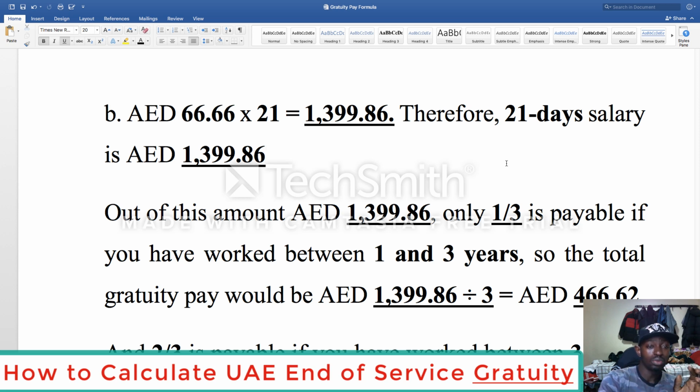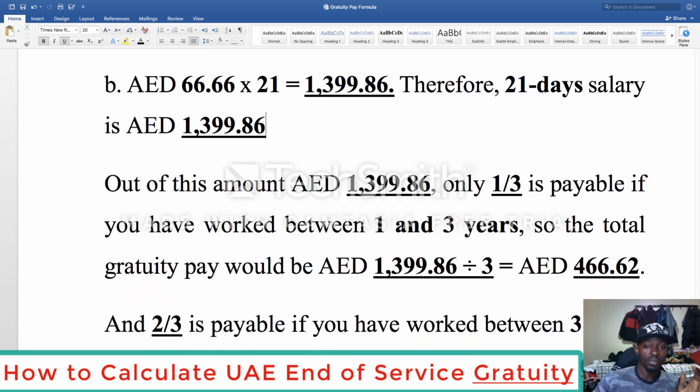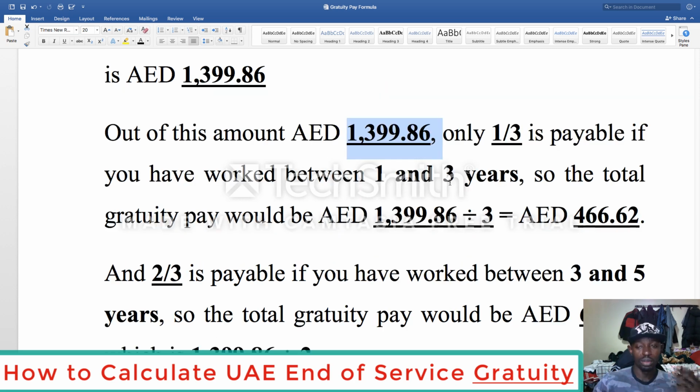Now, remember, out of this amount, only 1/3 is payable if you have worked between 1 and 3 years. The total amount to pay you is 1/3 of this gratuity. Take this amount divided by 3, and you have your gratuity for 1 year, which is 1/3.